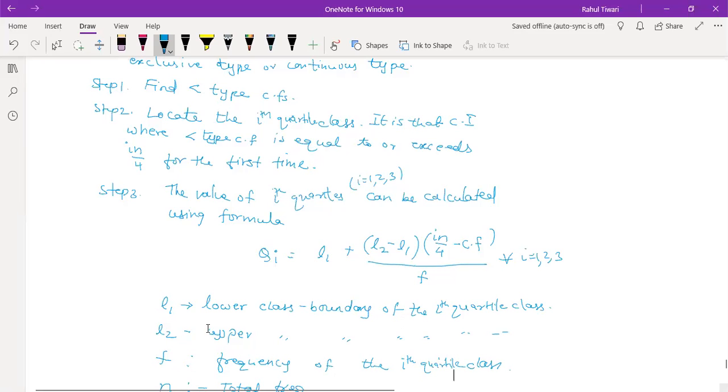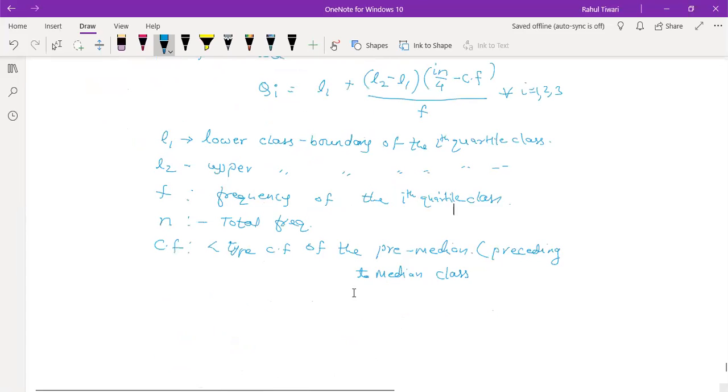Otherwise, all procedure is the same. You have to take the pre-quartile class, meaning the one above that.